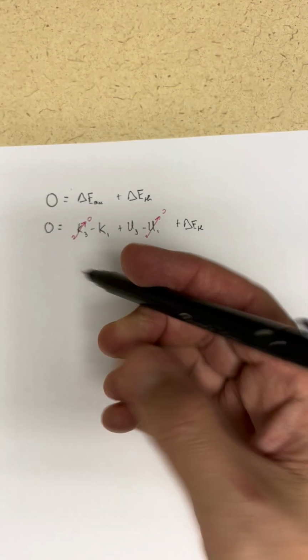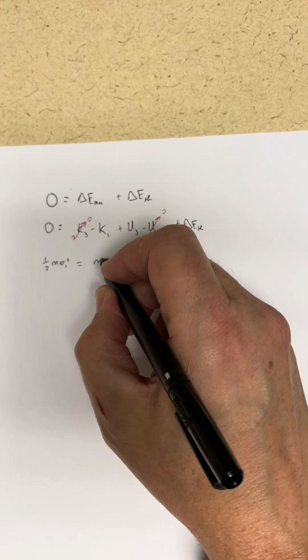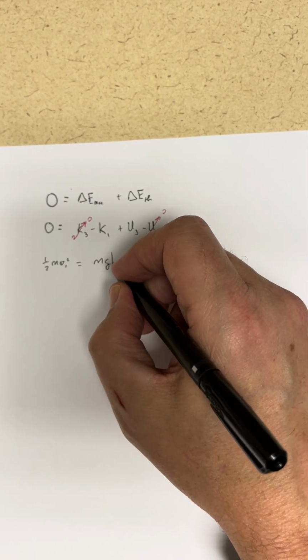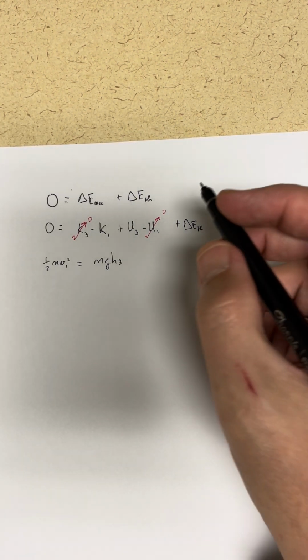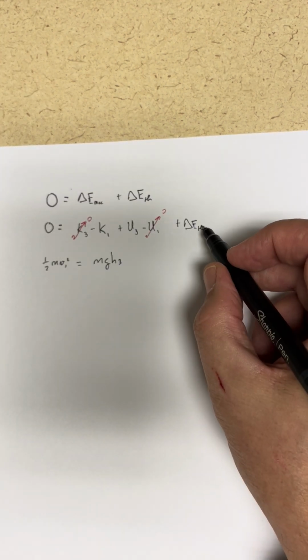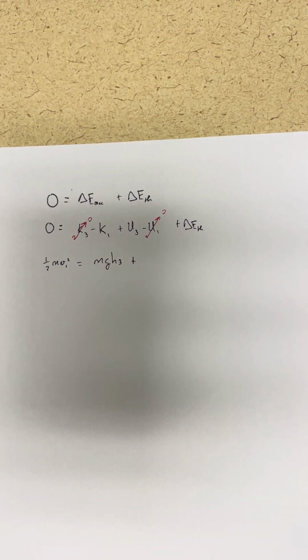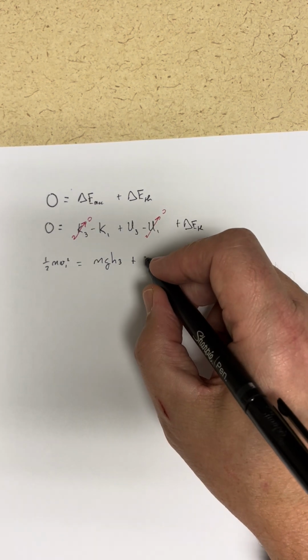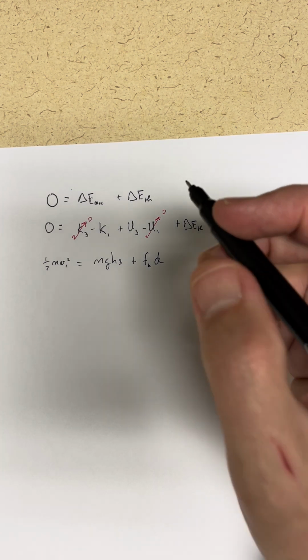I move K1 to the other side, a half m v1 squared will be mg h3, which is just h, and then the change in thermal energy is going to be the force of friction and how far it slides.